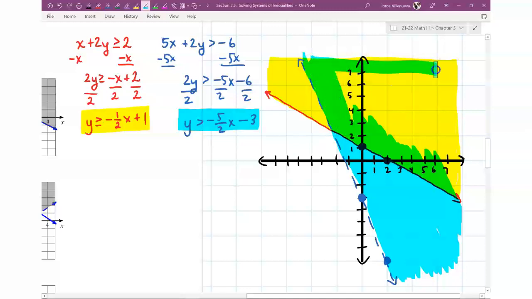So it makes it easy for me to see my answer. I'm going to leave a little bit of yellow border because it doesn't matter if I get all of it or if I miss some of it. It's fine. As long as you get the majority of it, you should be okay.